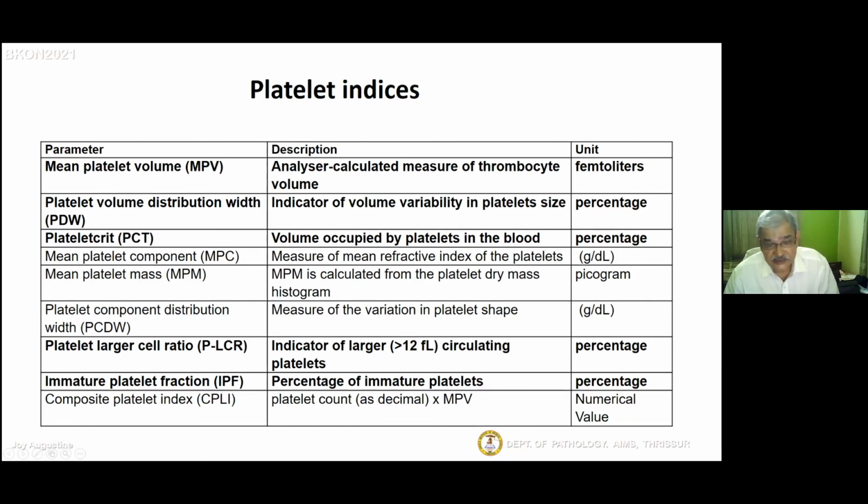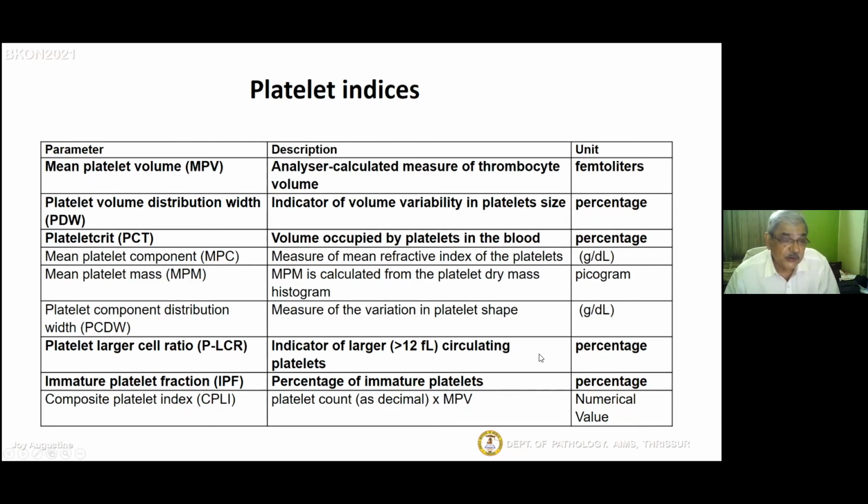And this is expressed as a percentage. Then you have the controversial immature platelet fraction. It's a percentage of immature platelets. And what are immature platelets? Immature platelets are reticulated platelets, platelets which contain a larger amount of RNA than the conventional normal platelets. And this is also expressed as a percentage.